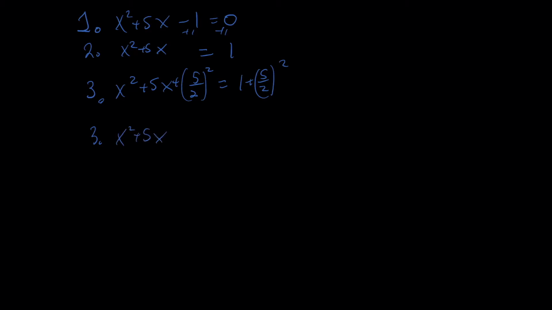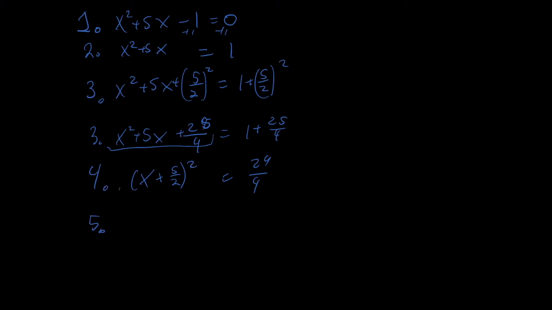So I get x squared plus 5x plus 25 fourths equals 1 plus 25 fourths. Well, that'd be 29 fourths. And this left part right here is going to factor to x plus 5 over 2 squared.